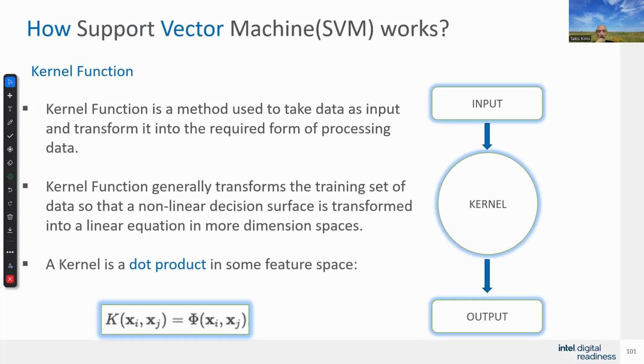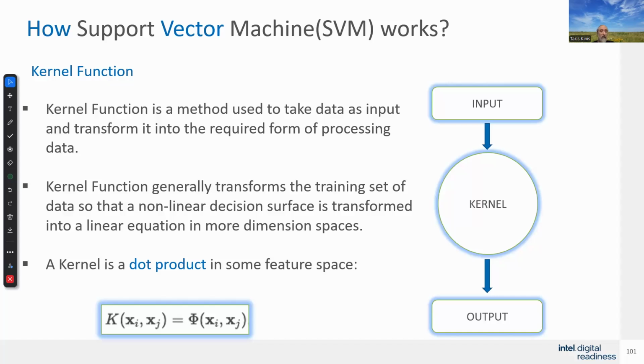The kernel function is used to take data as an input, transform it into the required form of processing data. It takes the training set of data, so that the nonlinear decision surface is transformed into a linear equation in more dimension spaces. So we're leveraging math here to make it work.